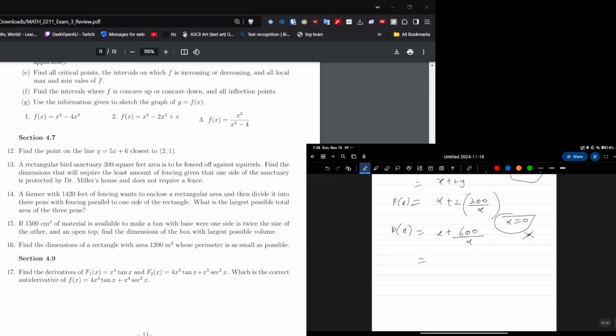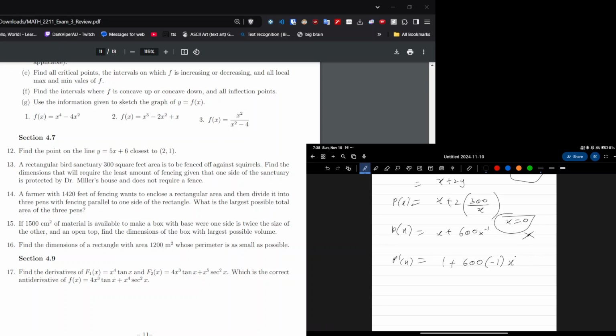Okay? Now we can just take the derivative as it is: 1 plus, and I can write this to the power minus 1. Constant stays out, and the negative comes down, reduced by 1.